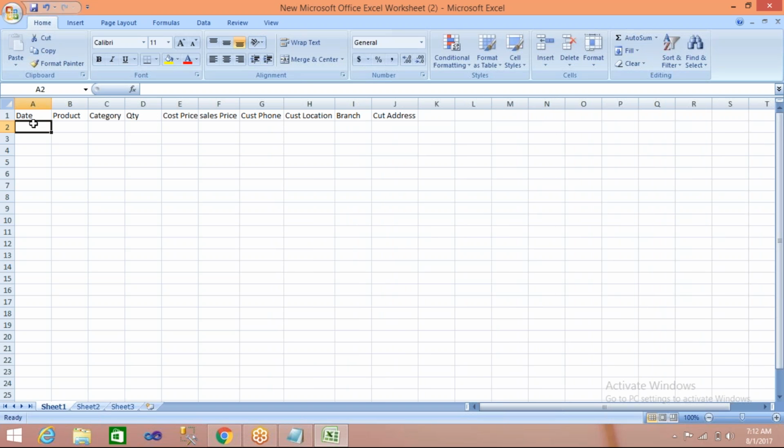Date might be August 2017, product might be Sony, category might be Sony mobiles, quantity around 5, and its cost around 1 lakh, and the sales price is around 90,000, and a customer phone number, customer location might be Hyderabad, and since I have multiple branches, I enter the branch information like branch B1, and the customer address also, assume it's Hyderabad.